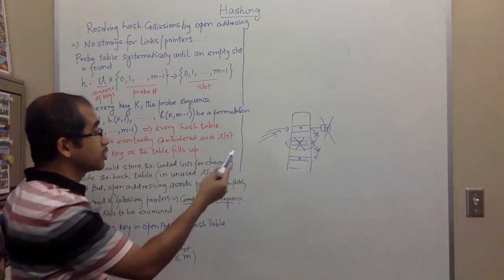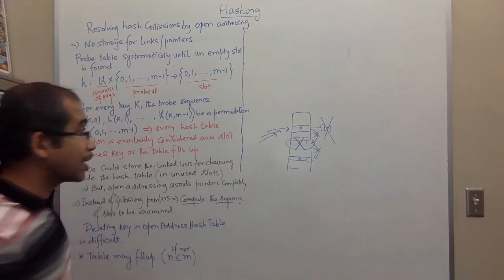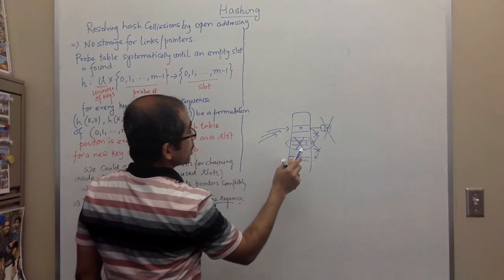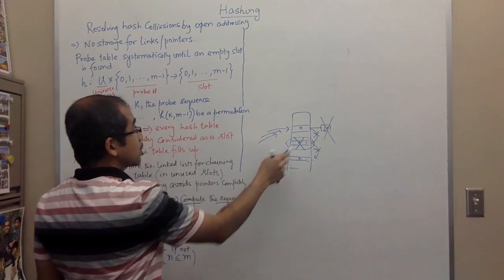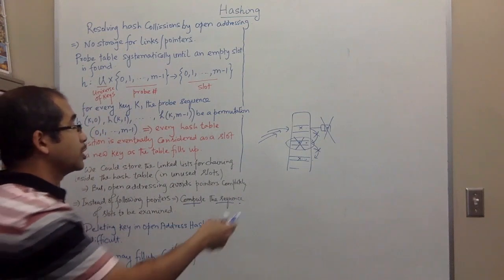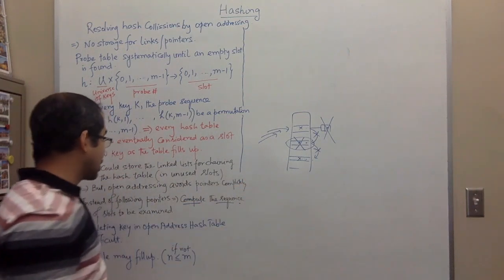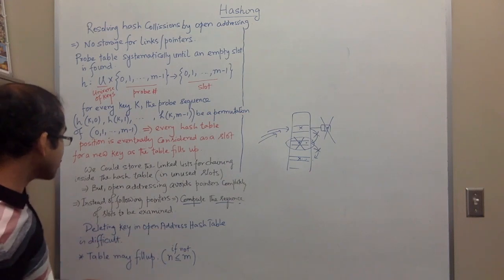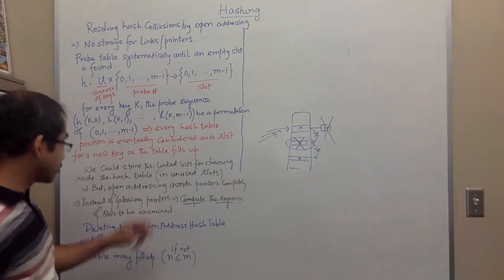That's why if you delete some middle element, it is a problem: computing this slot depends on this slot, and computing this slot depends on the previous one. If an element is deleted, it will not be possible to compute the slot for the next element. So deleting a key in open addressing makes it difficult.